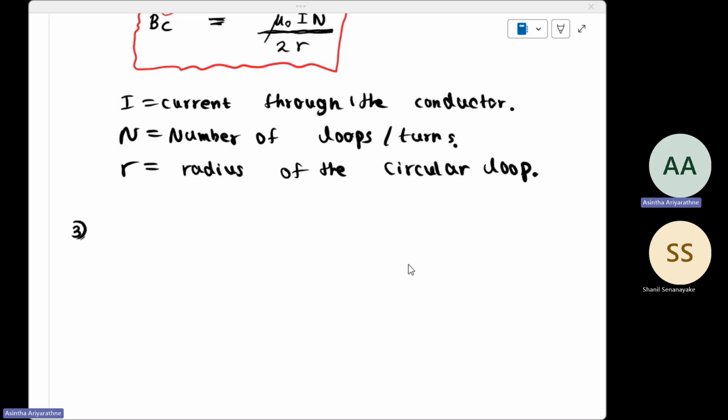The final one that we are going to discuss: magnetic flux density along the axis of a long solenoid carrying current.